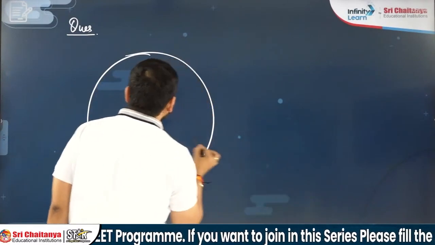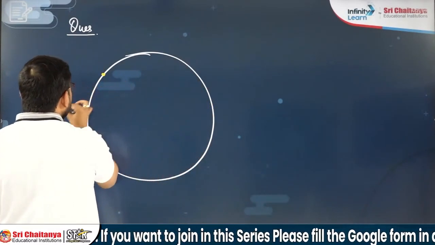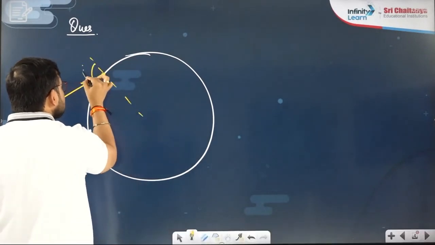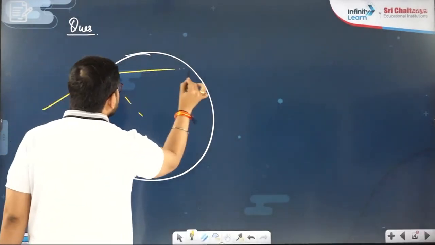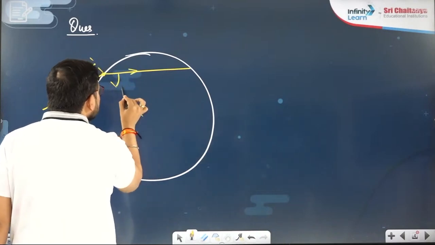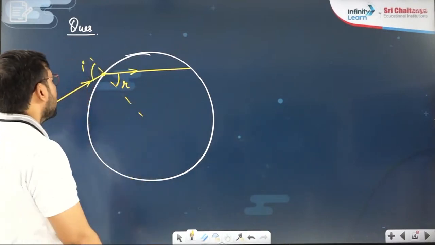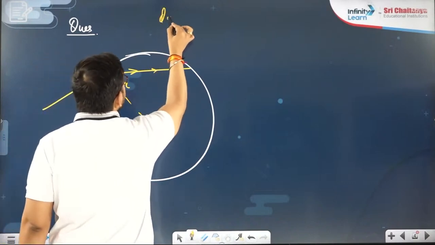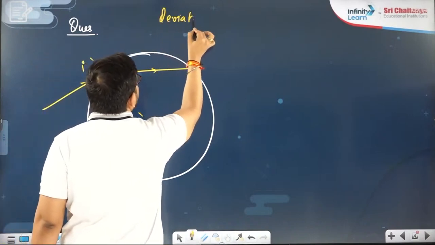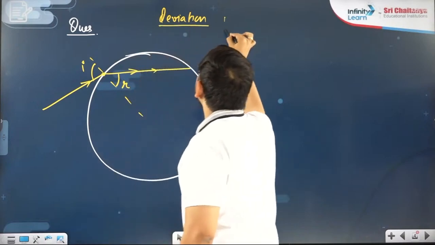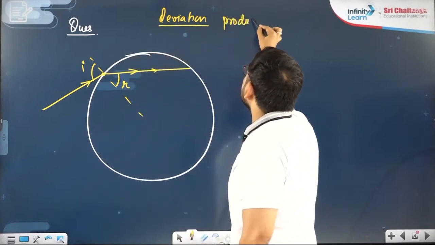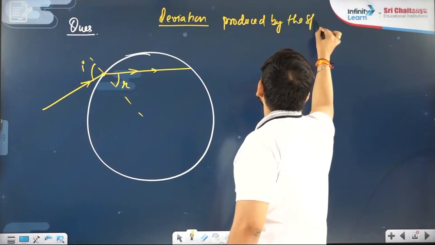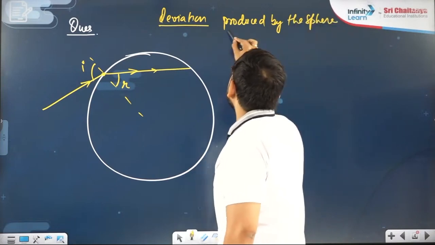In this sphere, at a certain point, light is striking with angle of incidence I and refracted with angle R. Now tell me the deviation produced by the sphere. How much deviation is it producing?